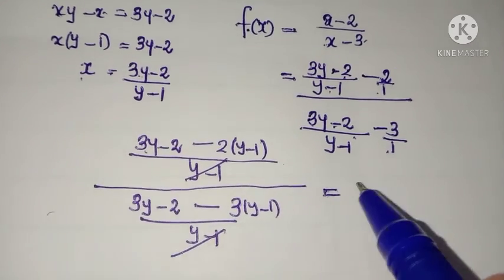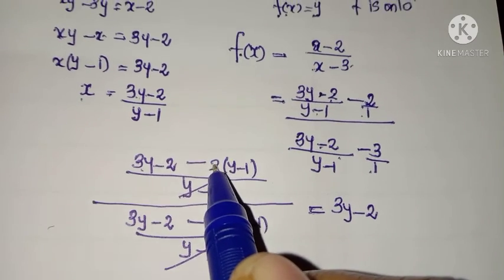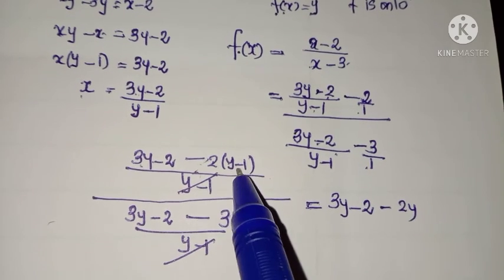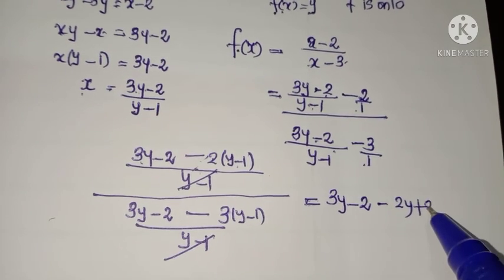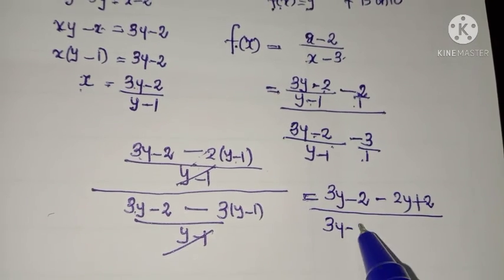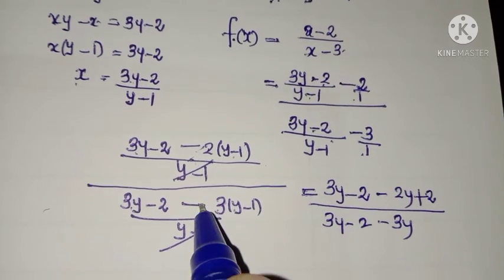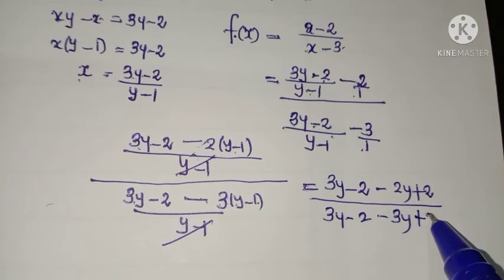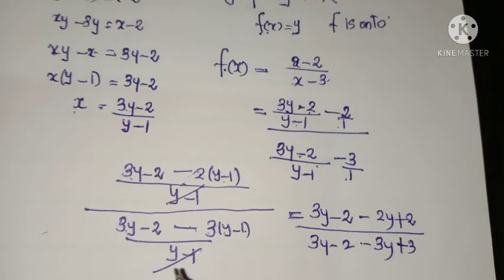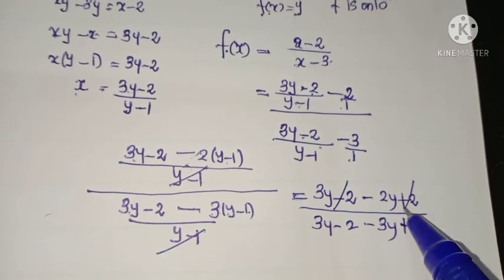So this is equal to 3y minus 2, 2 into y, 2y, minus 2 into minus 1 plus 2, divided by 3y minus 2 minus 3 into y, 3y, minus 3 into minus 1 plus 3. Okay. Here we can cancel minus 2 and plus 2.